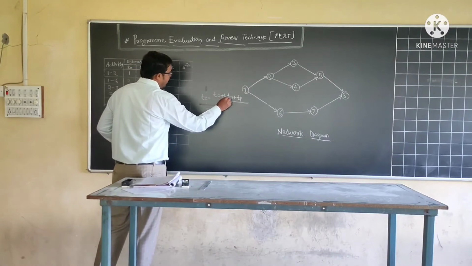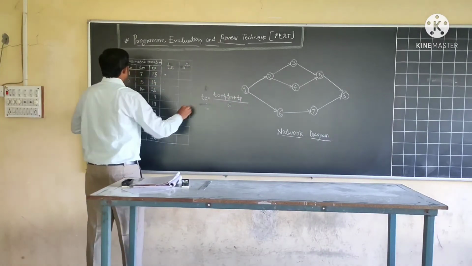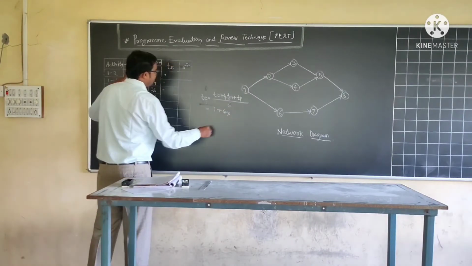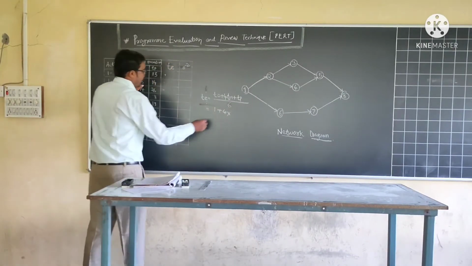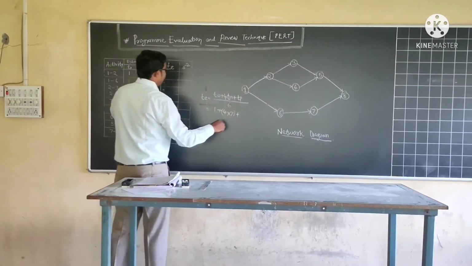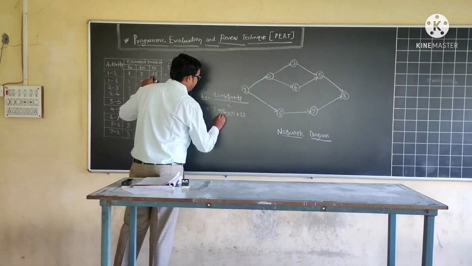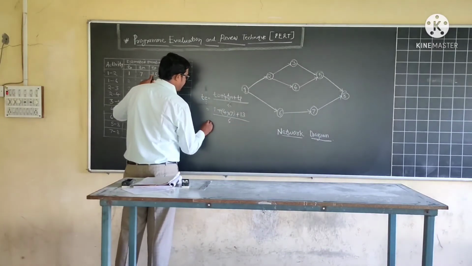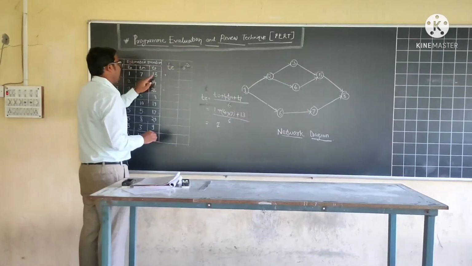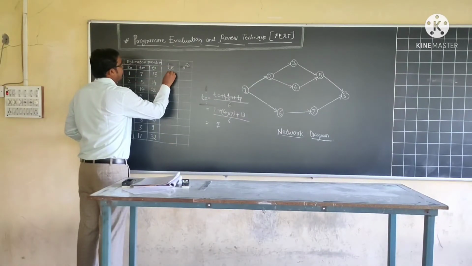TO plus 4TM plus TP. TO is 1, plus 4 into TM, which is 7, and TP is 13, divided by 6. It comes to 7, so we write down 7 here.